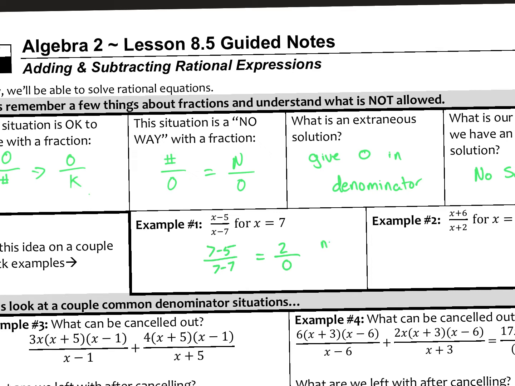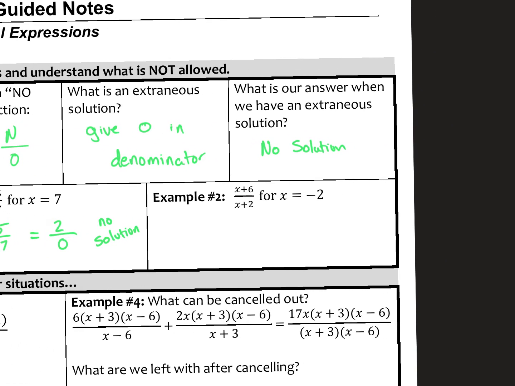So we go ahead and say no solutions, because that would be extraneous. Here is another example. -2, plug it in, -2 plus 6 equals 4. -2 plus 2 equals 0. Again, extraneous. Okay, not okay.